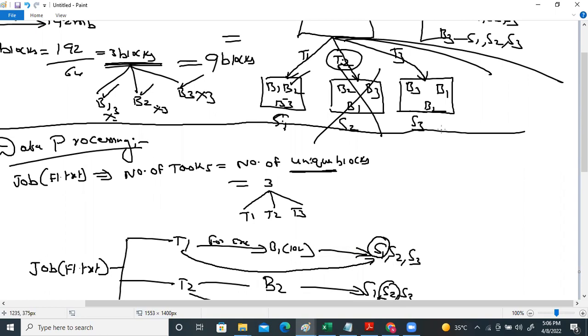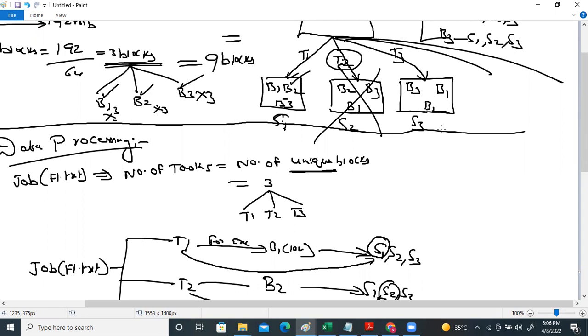If for example 4 slaves are there and 9 blocks, what happens? They are going to get distributed across the 4 slaves. 9 blocks into 4: 2, 2, 2, and one will be getting 3.